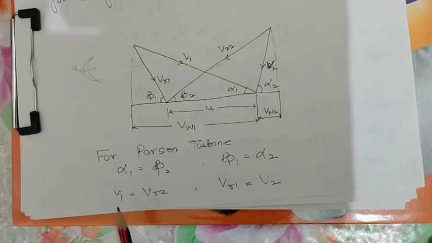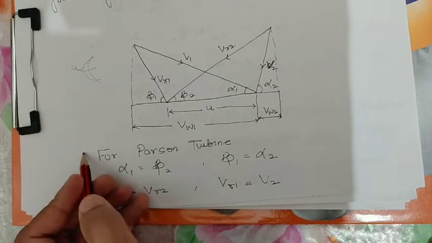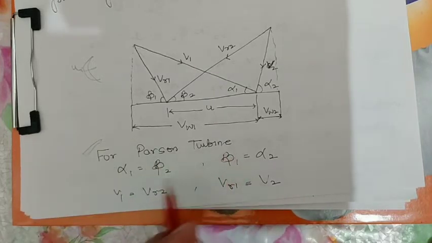And in the Parsons turbine, the absolute velocity of the steam entering the blade is equal to the relative velocity of the steam at the outlet, and the relative velocity of steam at inlet is equal to the absolute velocity of the steam leaving the blade.